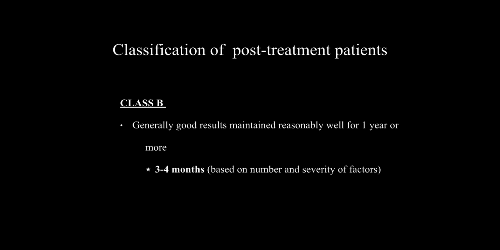So here, the interval is not going to be as prolonged as in Class A. It's going to be 3 to 4 months, depending on the number and severity of factors, like if we have any systemic factors, any environmental factor, the patient is smoking, the bleeding index, a number of deep pockets, all the factors that have been documented in the maintenance.